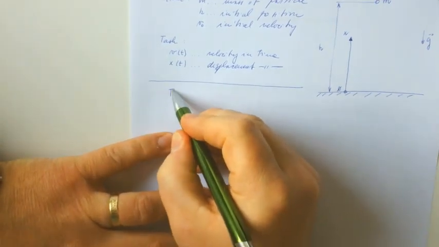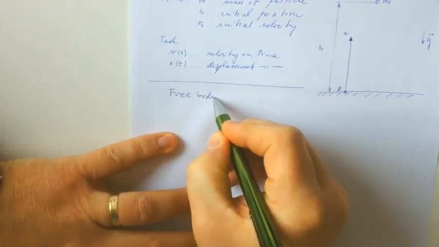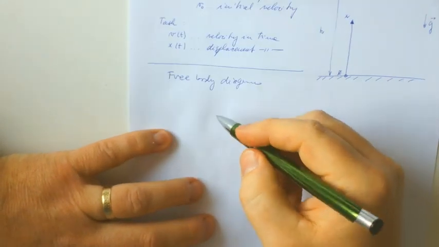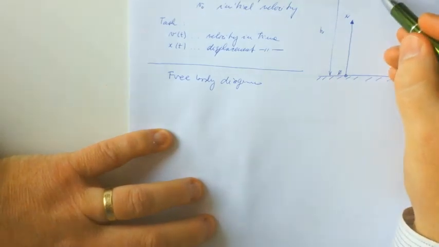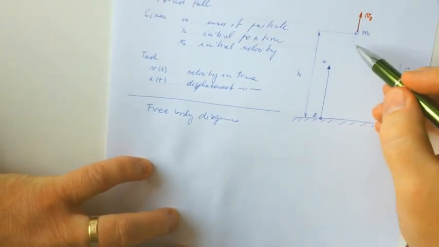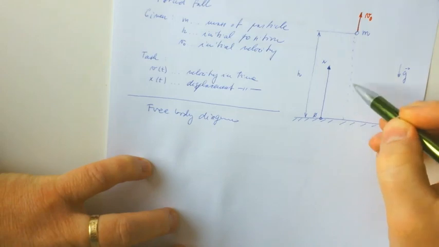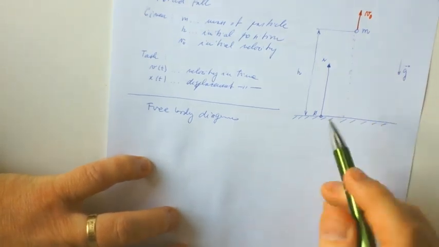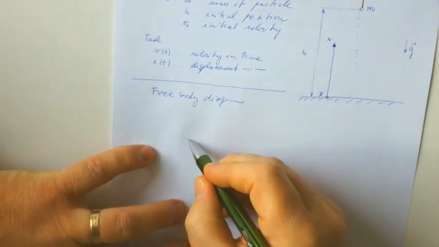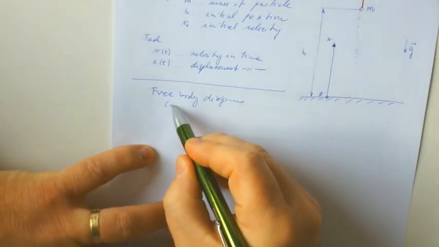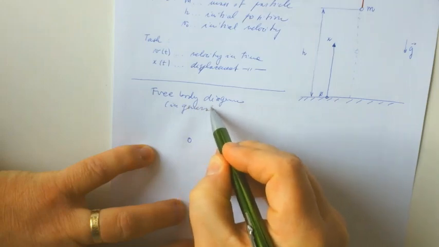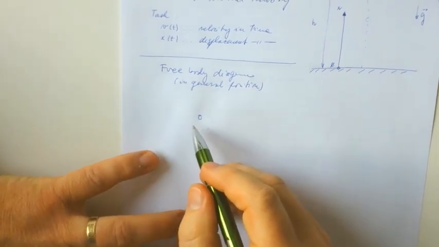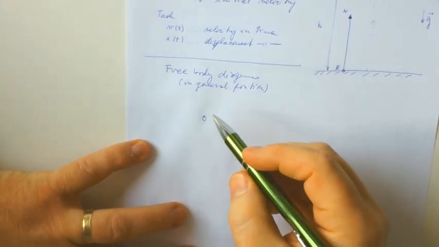So the free body diagram will look like this. We draw the particle at a general position, somewhere anywhere in the space.